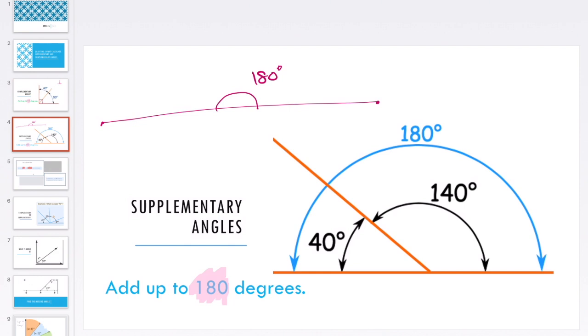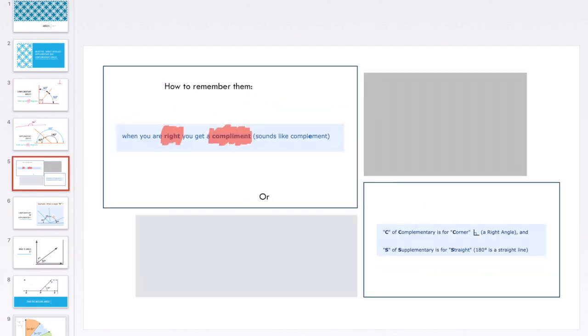How do I remember which is which? How do I remember what is complementary and what is supplementary? The easiest way to remember is, think about this. When you have a right answer, your teacher or your parents or a friend would give you a compliment. Oh yeah, that is correct. Yes, you're right.